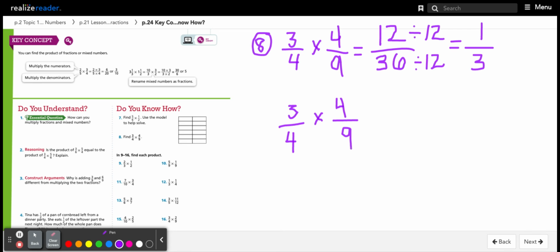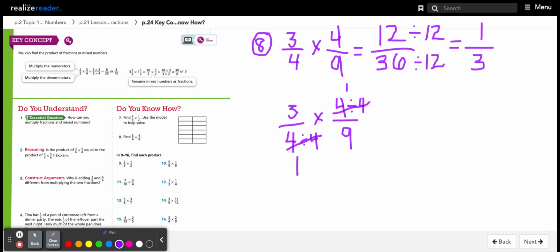So right here, I see a 4 in my denominator and a 4 in my numerator. Well, 4 and 4 can both be divided by 4. So I'm going to simplify. 4 divided by 4 is 1. 4 divided by 4 is 1. Okay, so I'm simplifying before multiplying.